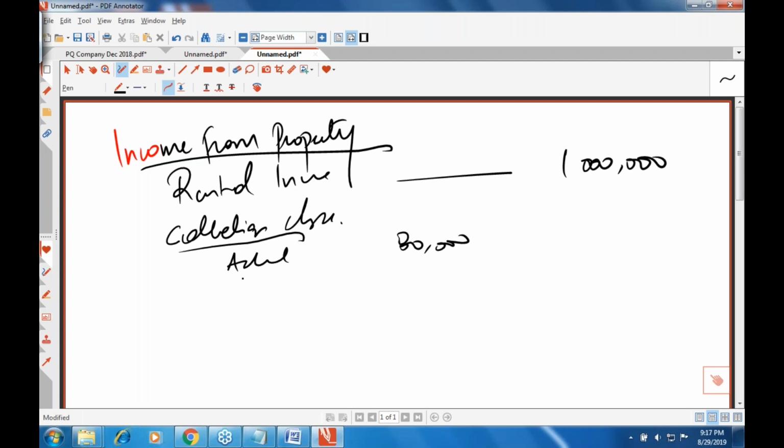But 6% of the rent chargeable, 6% of 1 million, is going to be 60,000. So whichever is lower needs to be claimed, because the maximum limit is 6%. The rent collection charges that you can claim is only up to 6%.